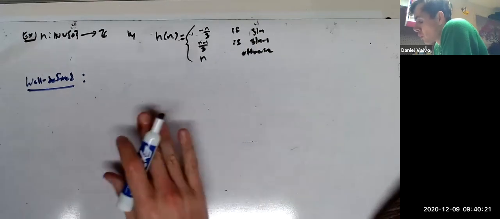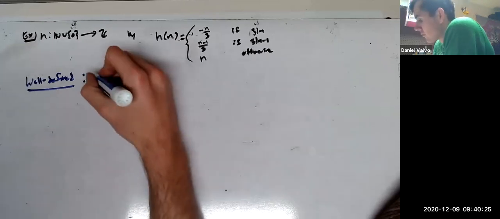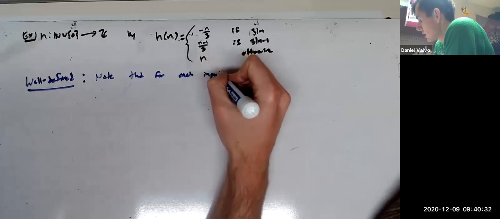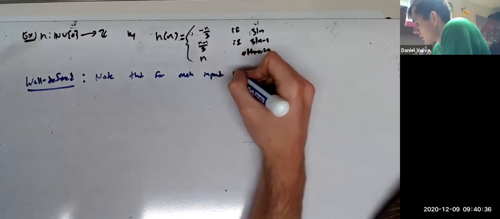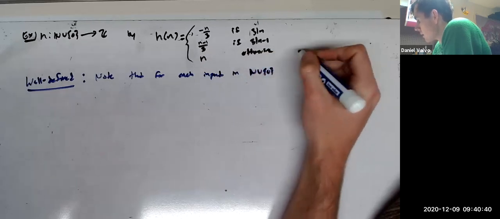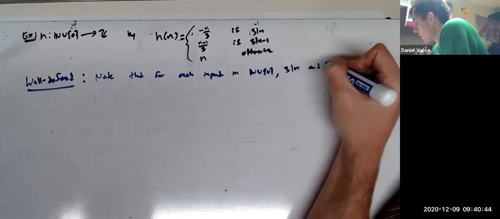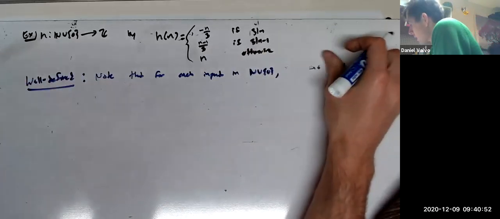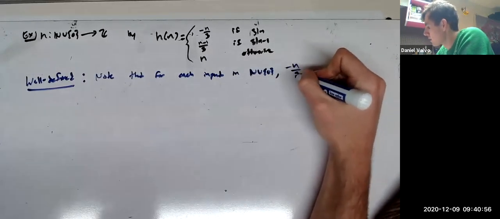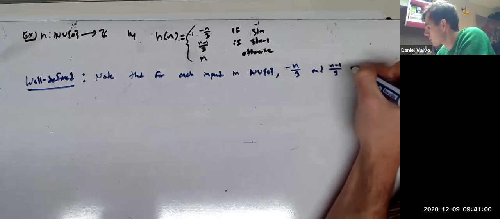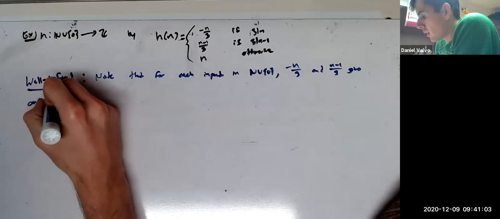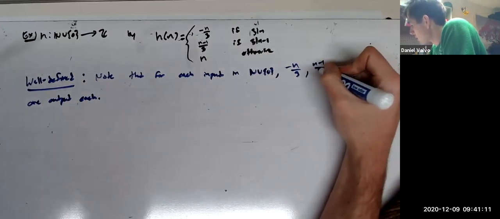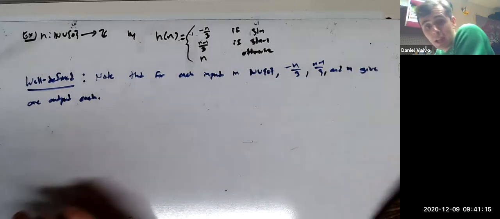We don't want that. So what we want to note that H is well defined is we want to say first, note that for each input in n union 0, negative n over 3, n minus 1 over 3, and n give one output each.